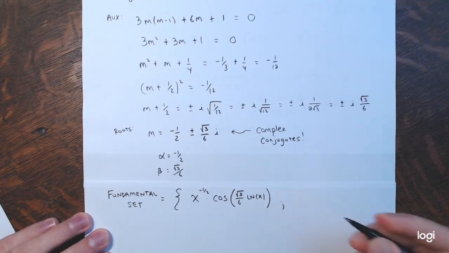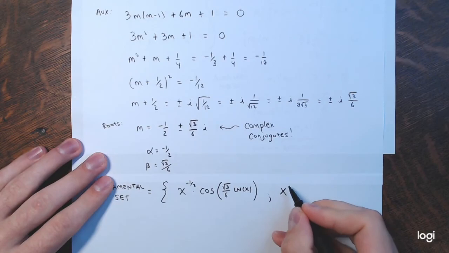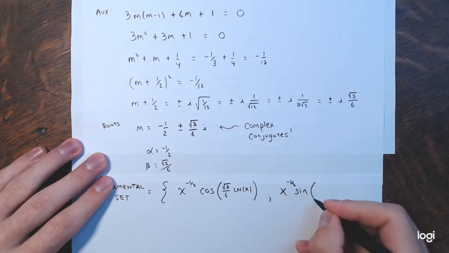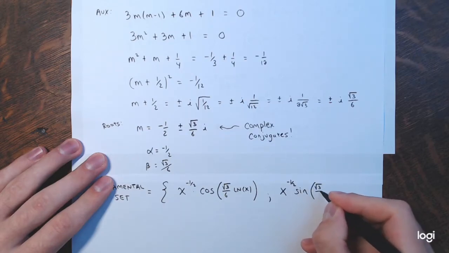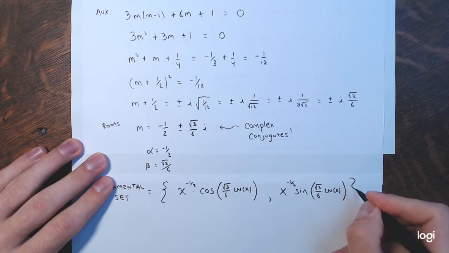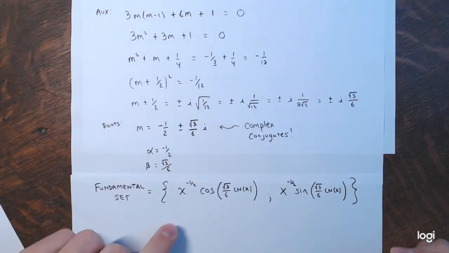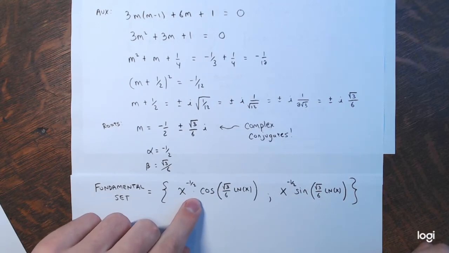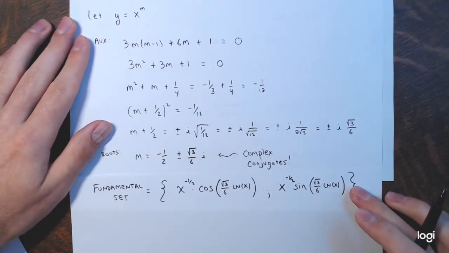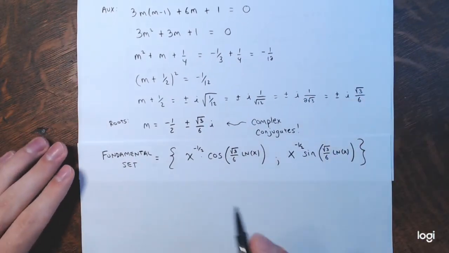And then the other linearly independent solution is x to the negative half times the sine of square root of 3 over 6 times the natural log of x, all of this inside the sine there. So I've got my two linearly independent solutions, and you can verify, take the first derivative, second derivative of this, plug it into the equation, you'll see the equation is true. Same thing for this one, and then any linear combination of these would also be a solution.